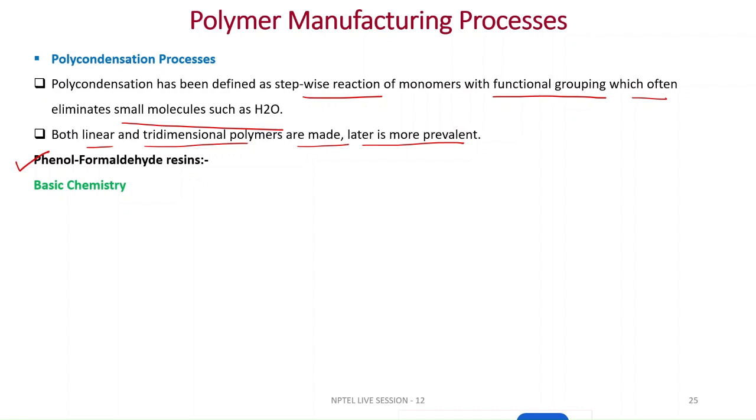So here the basic chemistry involves methylol monomer formation. Phenol reacts with x number of CH2O and it forms this kind of structure.